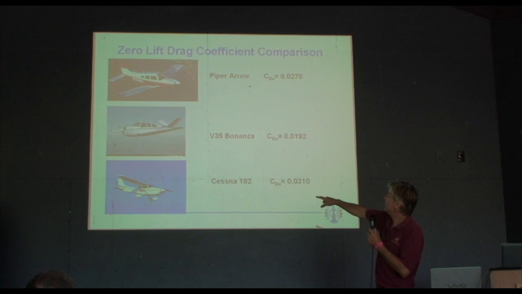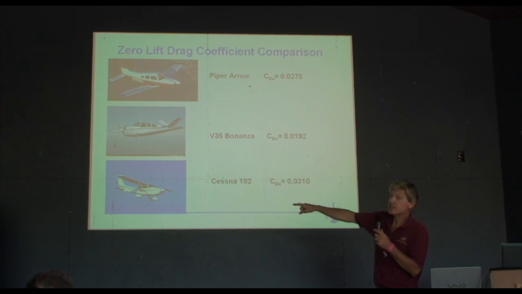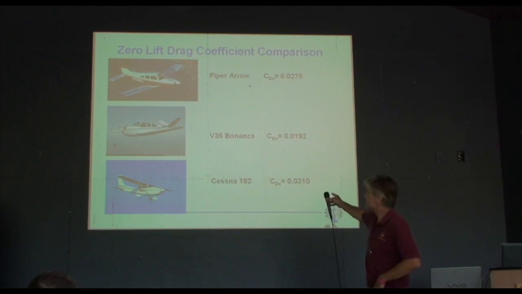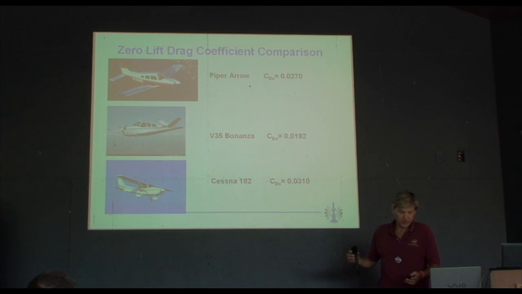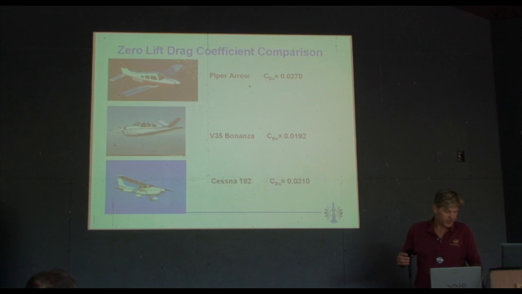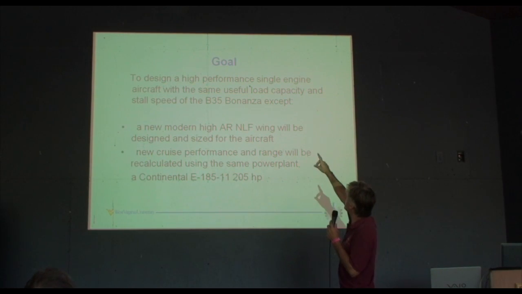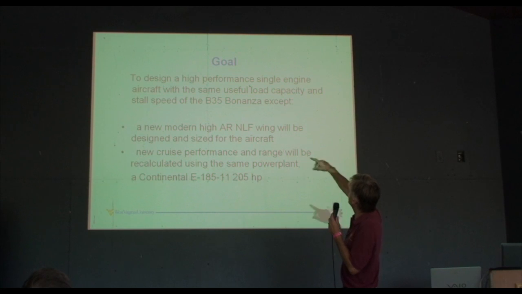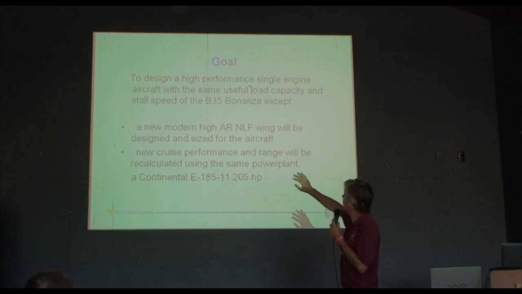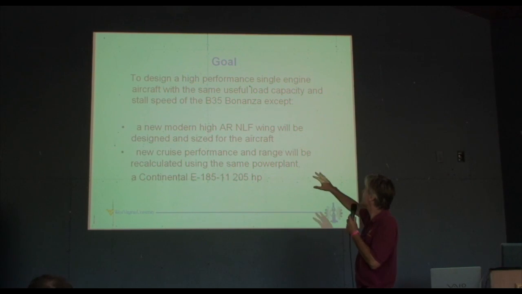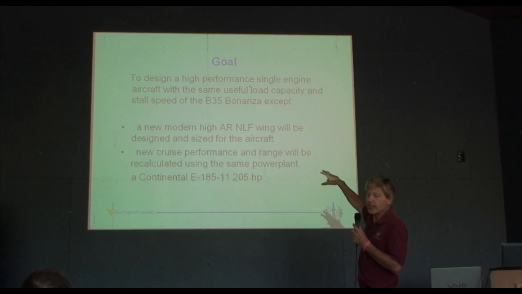Okay, the Cessna 182. It has fixed gear with wheel pans in a strut. Its CD0 is 0.03. Okay, design a high-performance single-engine airplane with the same useful load capacity, same stall speed, except we're going to increase the aspect ratio, so we're going to put a higher aspect ratio NLF wing on it.